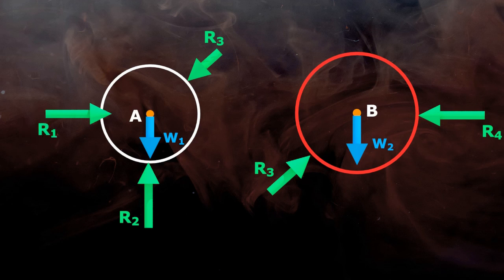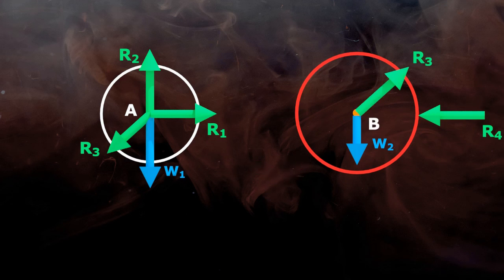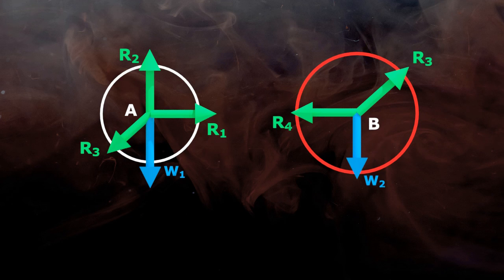So drag forces R1, R2 and R3 accordingly. Similarly for the basketball, drag R3 and R4. Remember that if you drag or extend a force along the same line of action, the angle with the x-axis will not change.